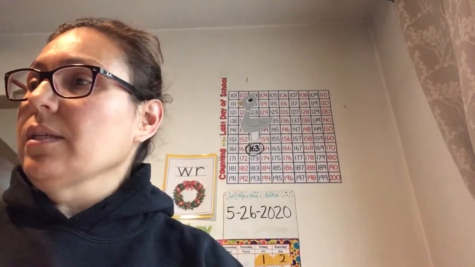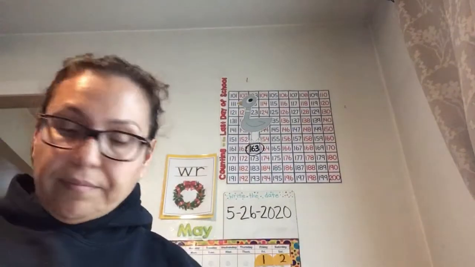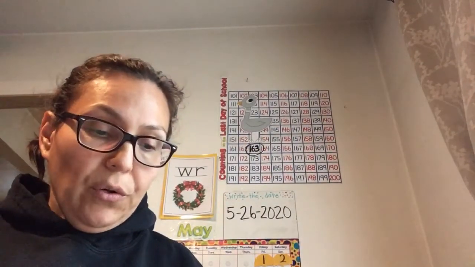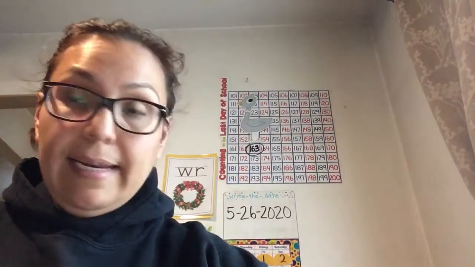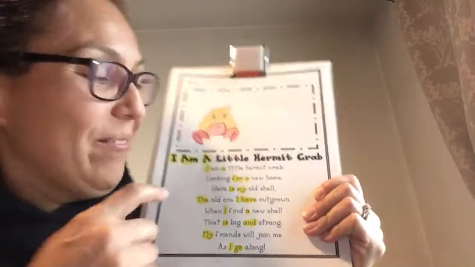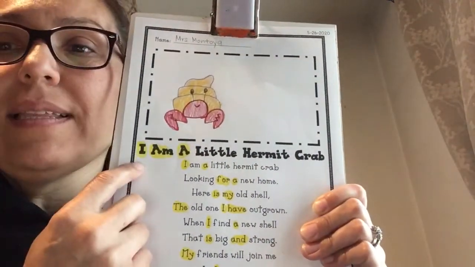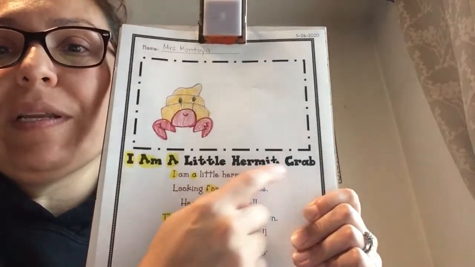All right, so let's look at our poem first. I'm going to show you all the sight words that I highlighted, and then I will read it to you so it flows better because it's hard to read it backwards. See, so to me it looks backwards, so I have to look like this, okay? We have sight word. Oh, I am a little hermit crab.